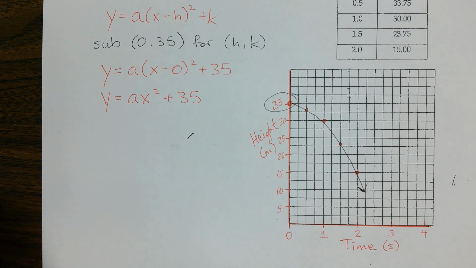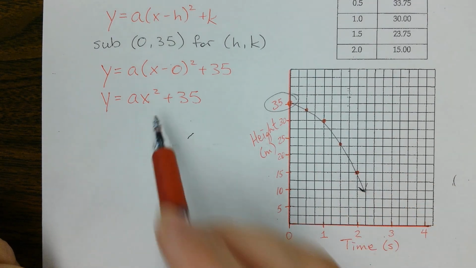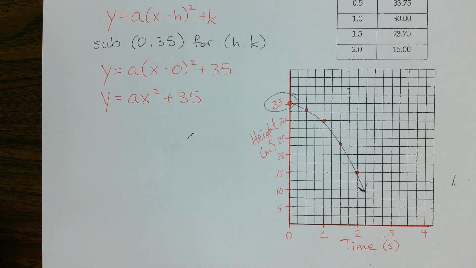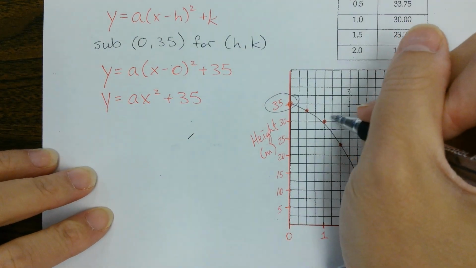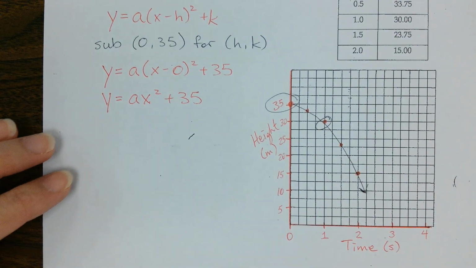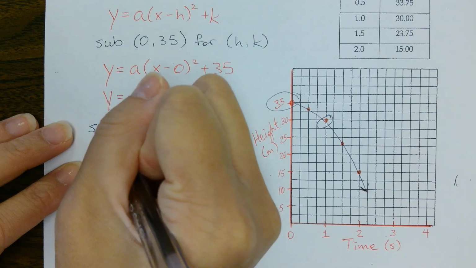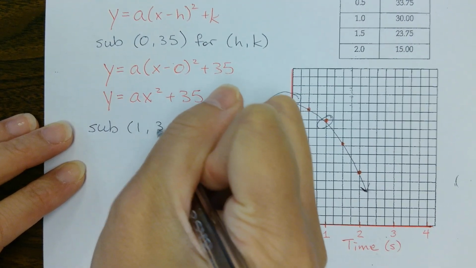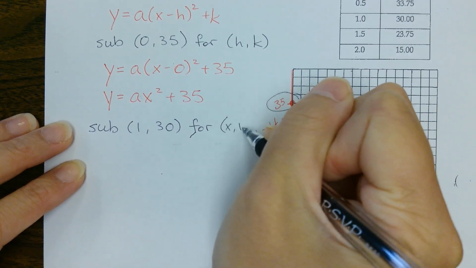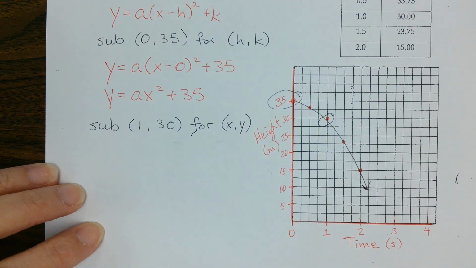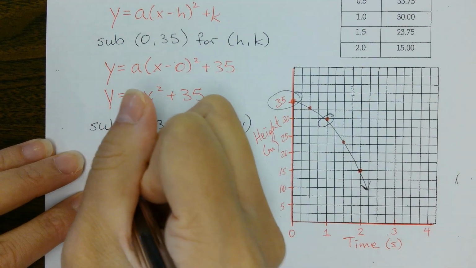Next, Ryan, what point should I plug in now into this equation? Like let's say 1 and 30, yeah. Any other point but the vertex. So this point, let's say. So I'm going to sub 1 and 30 for x and y. Okay.